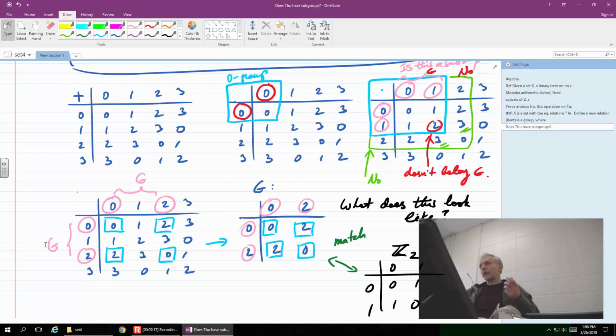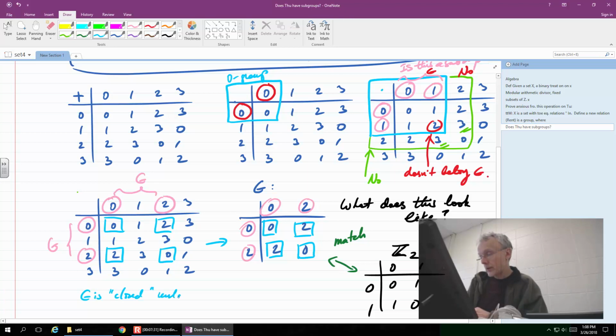Then 2 plus 2 is 0 in the group Z4, which means that G is closed under this operation. Okay, closed. So naturally, the group itself, Z4, is closed under its operation.